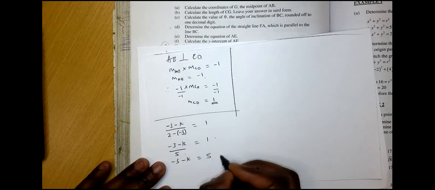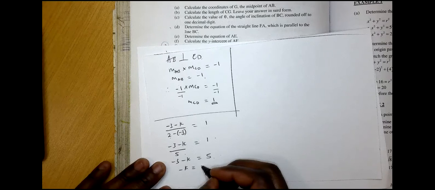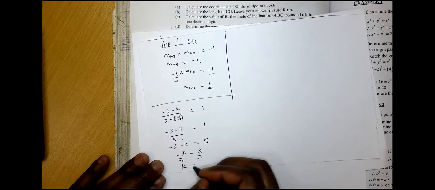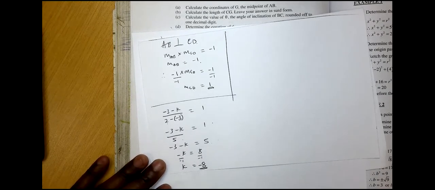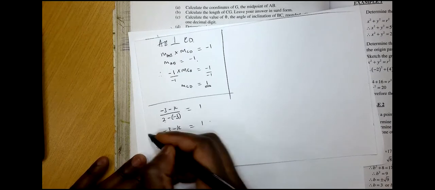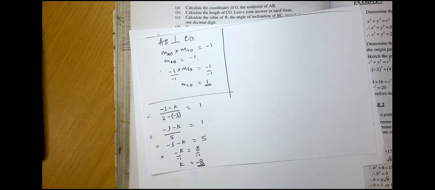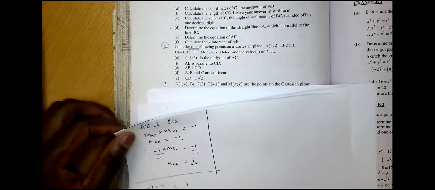Then we take 3 that side, negative K is equal to 5 plus 3 is 8. Then if we divide by negative 1, K is negative 8. That's your value of K. So K in this case is equal to negative 8 if they are perpendicular.